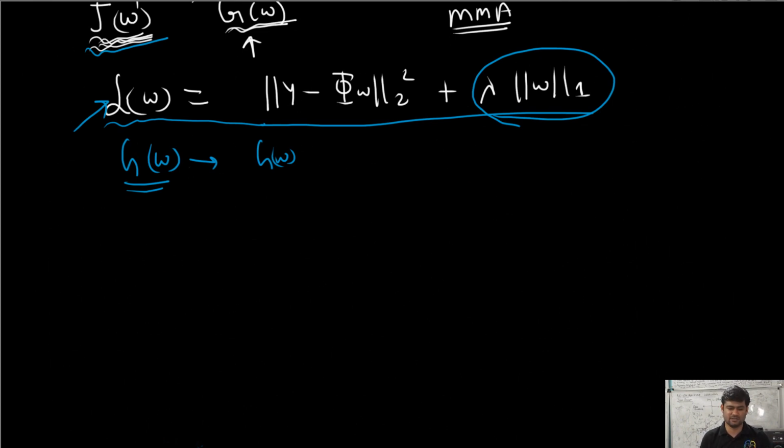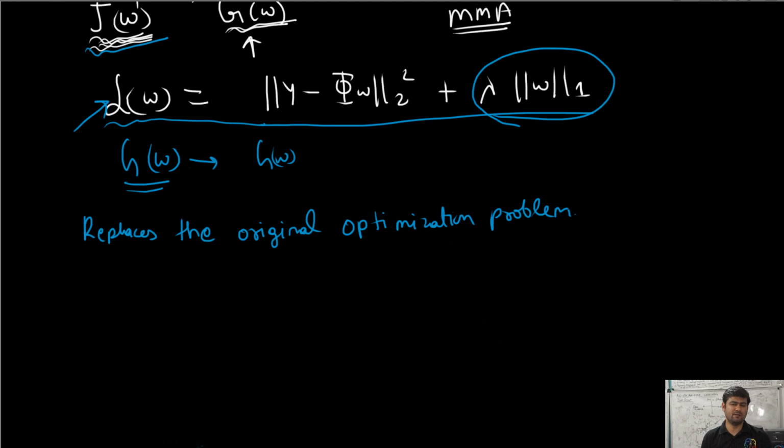Majorization minimization replaces the original optimization problem, which may perhaps be complex or difficult to minimize directly.